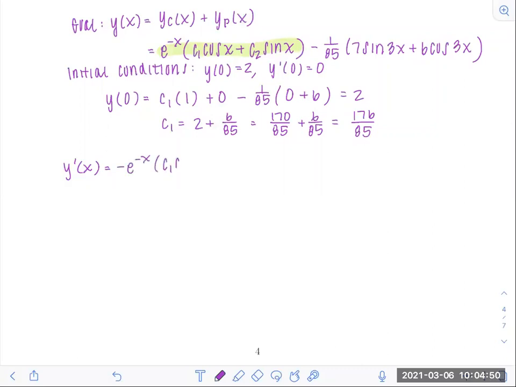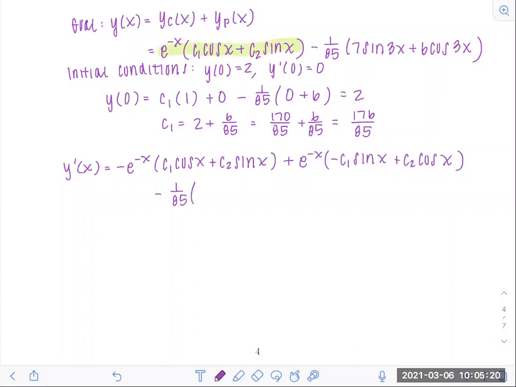I'll just rewrite that second function there. And then the second half of the product rule, I will rewrite e to the negative x, and I'm going to take the derivative of everything inside the parentheses. So a negative c1 sine x plus c2 cosine x.